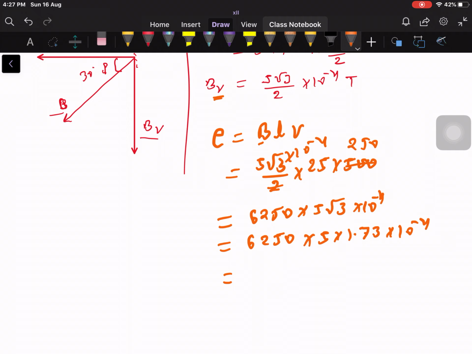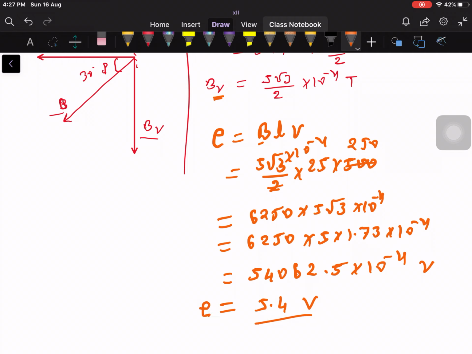If I multiply all these, then I am going to have 54062.5 into 10 to the power minus 4 volt. So I can write this like this now, 5.4 volt simply.